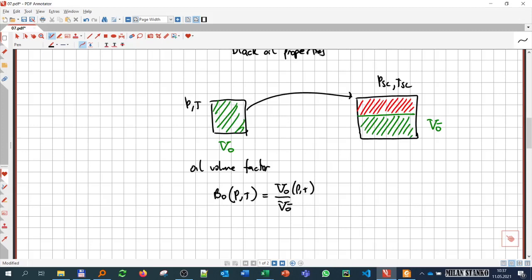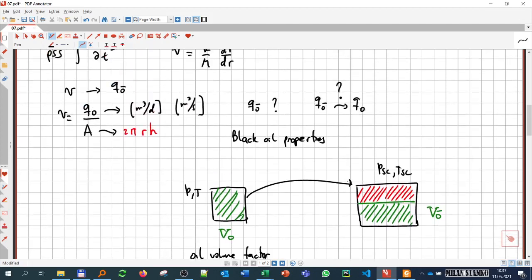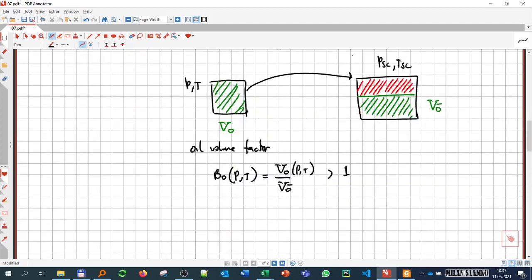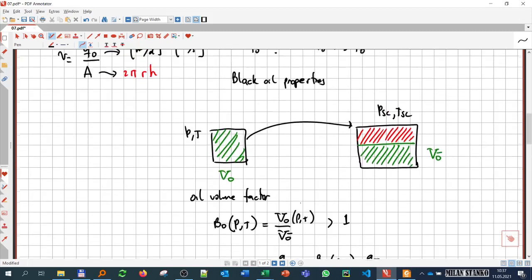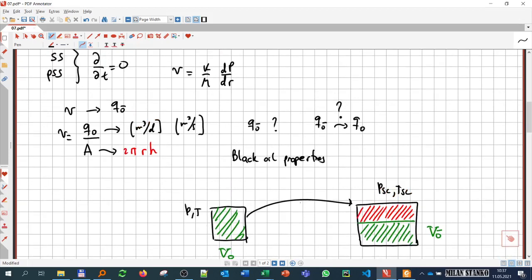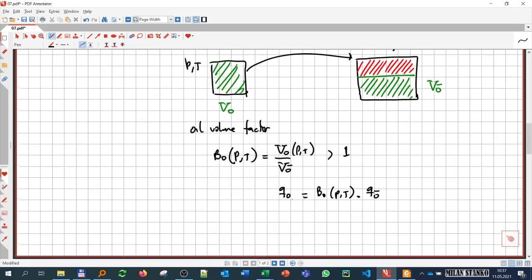It's a ratio of volumes, and this typically is greater than 1. So that means that QO local will be equal to BO at pressure and temperature multiplied by QO at standard conditions.